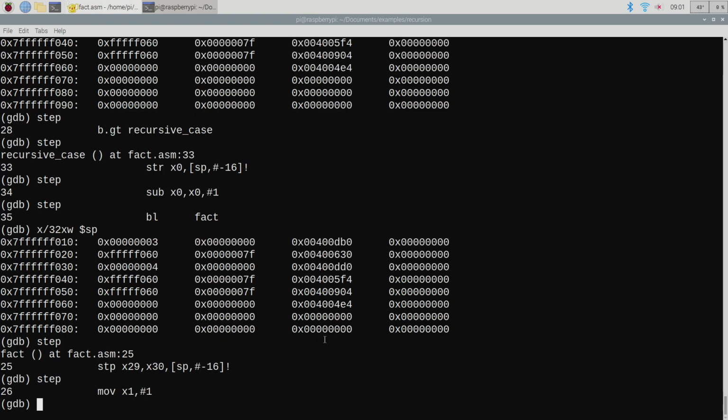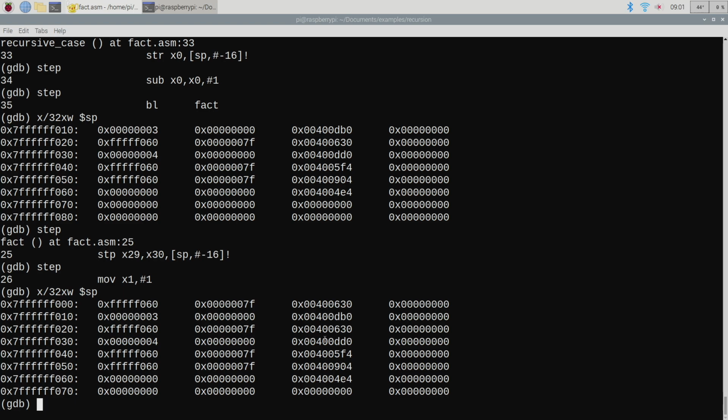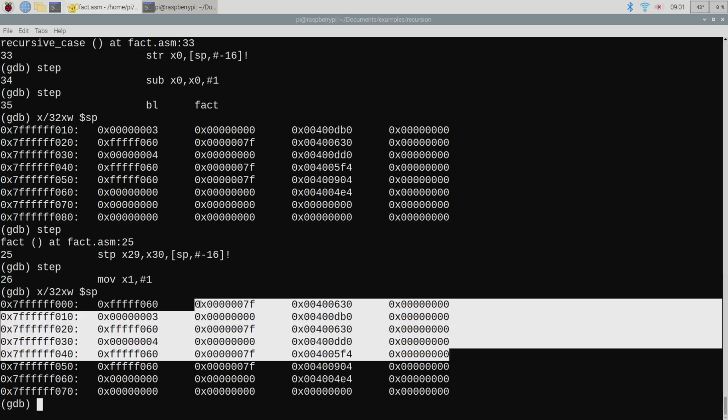All right, store pair. Well, what's on my stack now? There's all my stack. What do I see on my stack? Link values. Okay, but actually, which ones am I paying attention to?